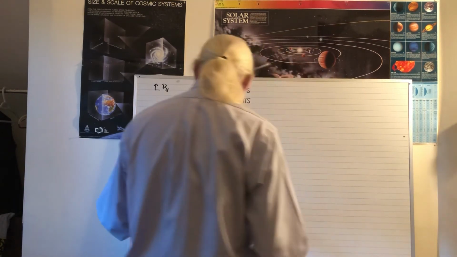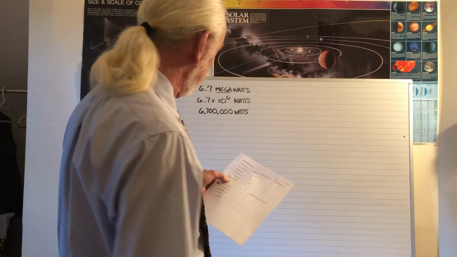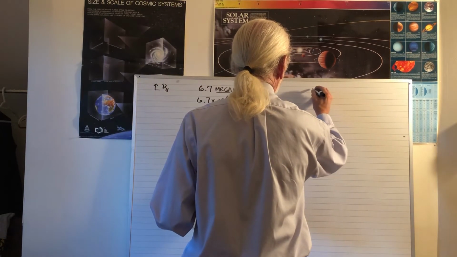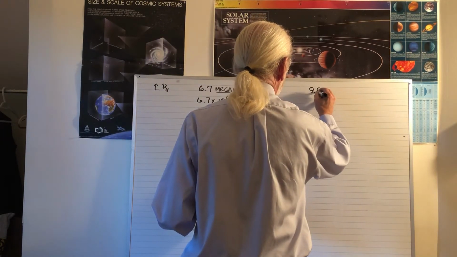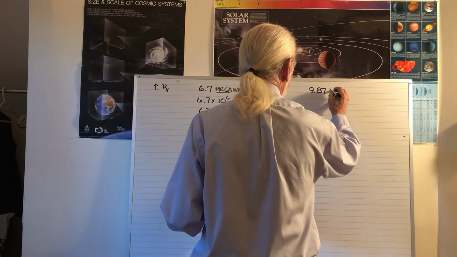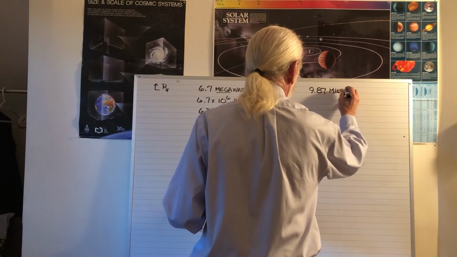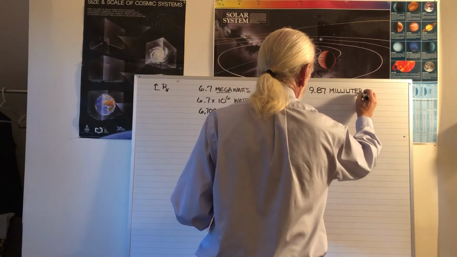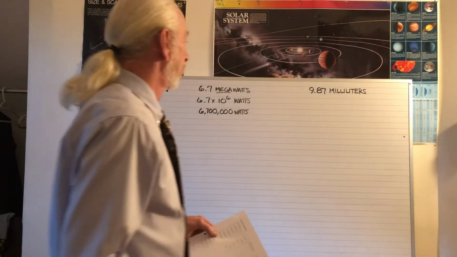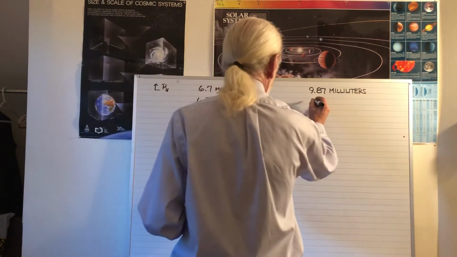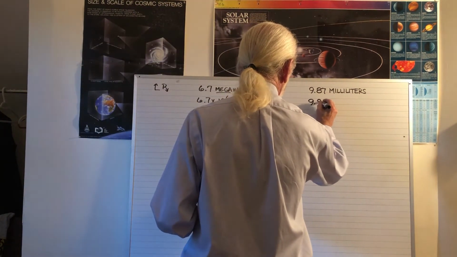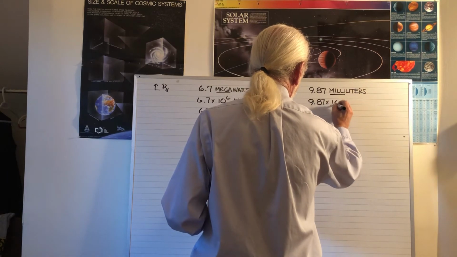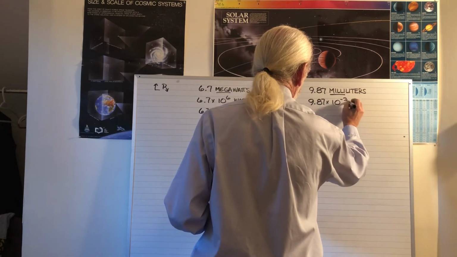Okay. Finally, 9.87 milliliters. All right, so that will be 9.87 times 10 to the negative 3 liters.